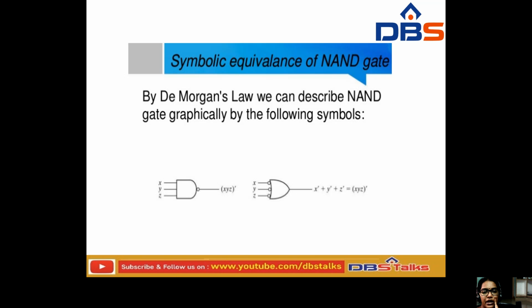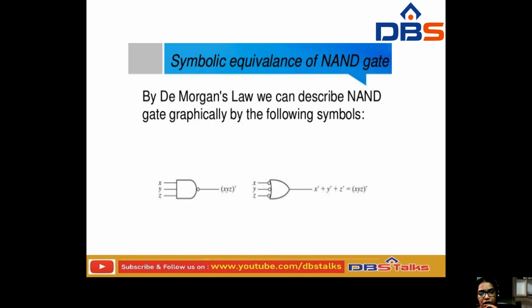It is given the inputs x, y, z. OR gate means we have to perform addition, so x naught plus y naught plus z naught. From De Morgan's law, we can say that (x y z) whole dash is equal to x dash plus y dash plus z dash.